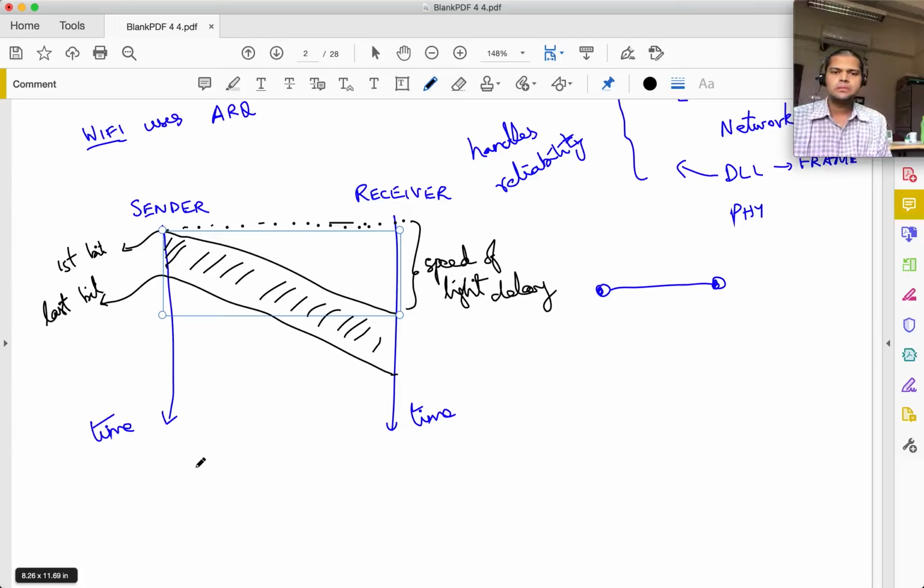and the question is, how does the sender know whether it's reached there reliably or not? So think about it. Suppose you were designing the system, you sent out a frame. How do you know the other side has got it or not? And we'll see in wired Ethernet, in a bus-like LAN situation, which we look at a little bit later, you can actually find out from the physical layer information whether the frame has reached the other end or not.